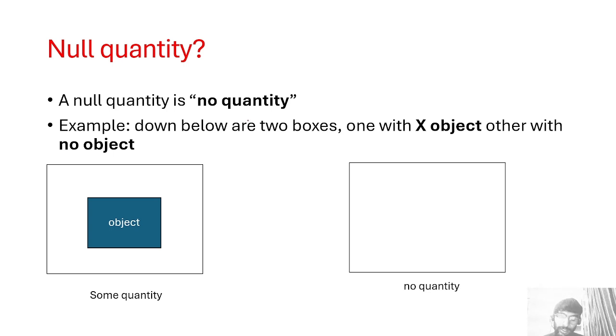So null quantity is simply no quantity. For example, you have some box here with one object, you will say it has some quantity, because the box has some quantity, might be 1, 2, 3 objects, but it has some quantity. The second box here has no quantity, so you'll say that it has null quantity.